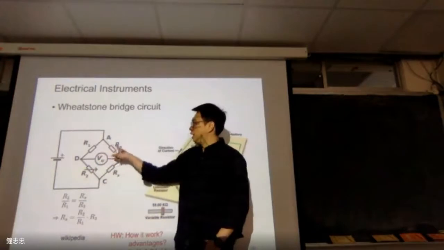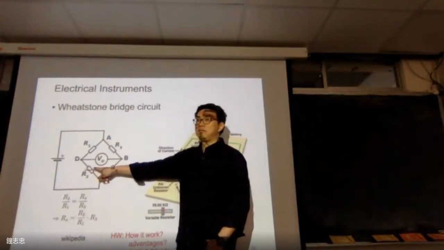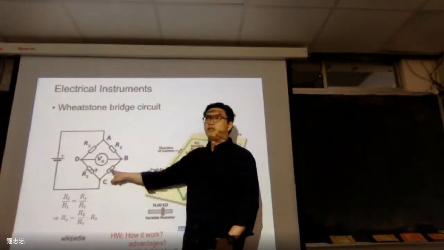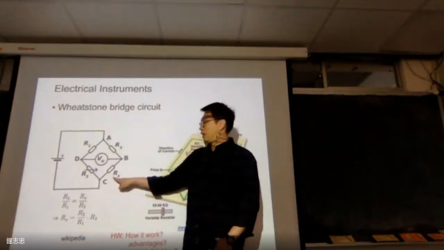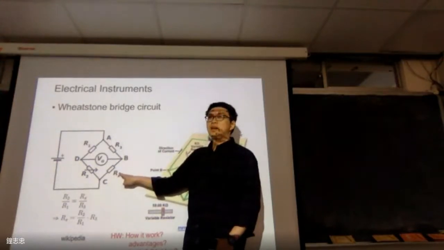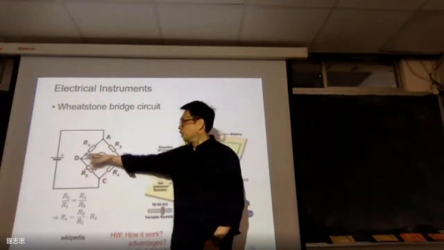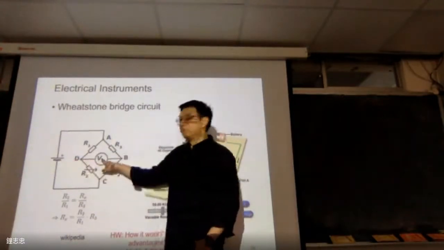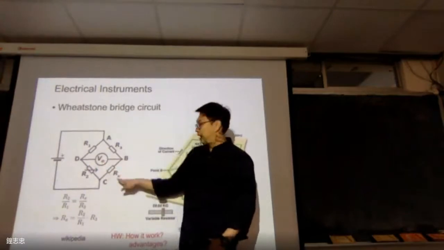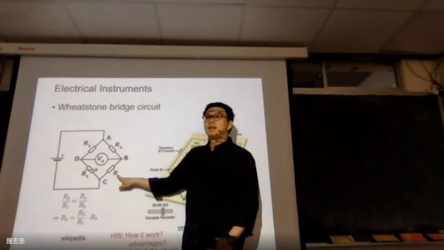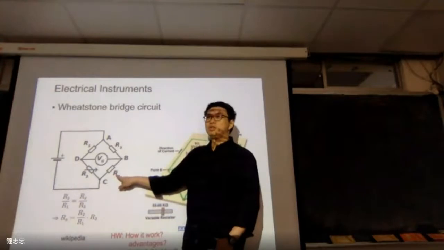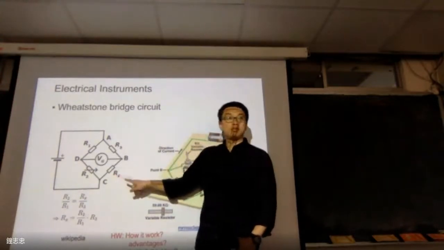So I already have these three resistances, which means that I can solve for the resistance of this X directly, right? If I already know these three and I know the input and output voltage, it means that I can estimate the resistance of this strain gauge, right?